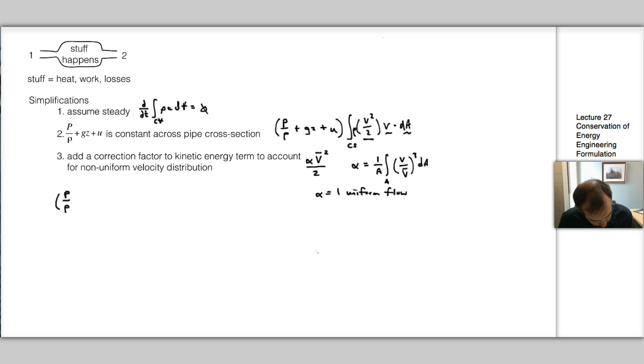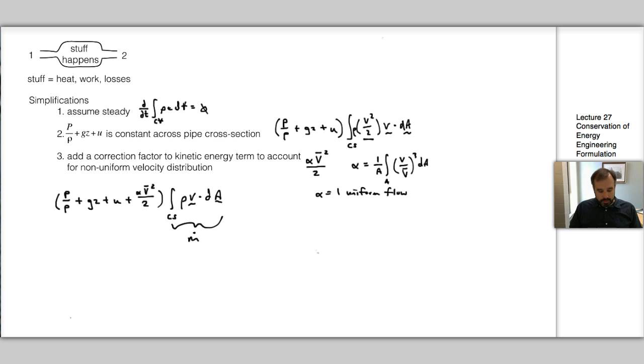P over rho plus gz plus u plus alpha V bar squared over 2 times the integral over the control surface of rho V dot dA. We can then say that this is just the mass flux, or m dot.